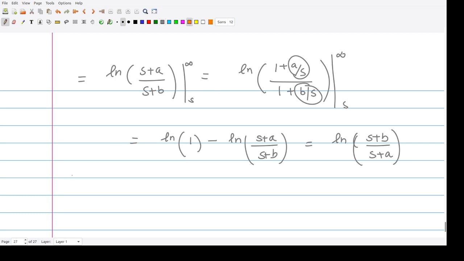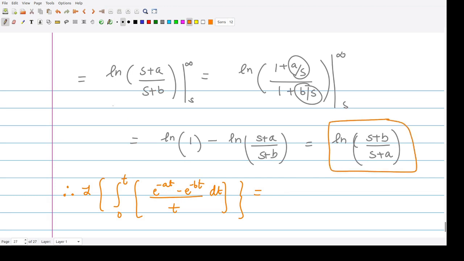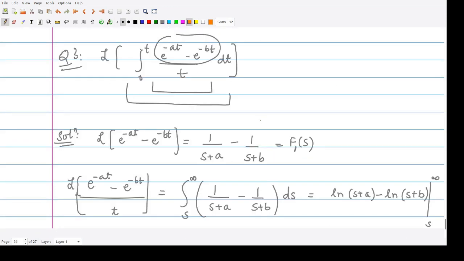So finally, we were required to calculate the Laplace transform of the integration from 0 to t of this term, (e to the power minus at minus e to the power minus bt) divided by t dt. So here it would be nothing but this function, because we have just calculated what this is. This is the Laplace transform of this function.